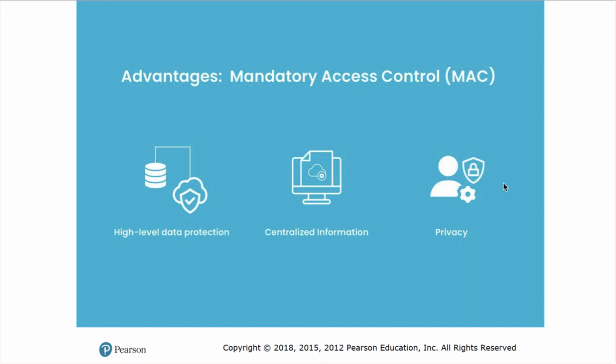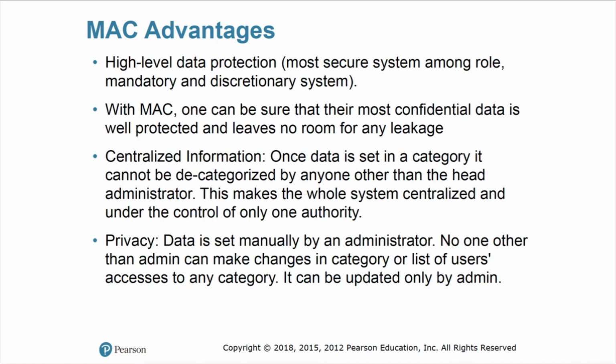For privacy, the data is manually set by the administrator, so there is no automatic control. Therefore, no one other than the admins can make any changes to the list of users who will access any type of level. Only the administrators are able to make these types of changes. So these are some of the benefits: higher level data protection, the most secure system among role-based, mandatory and discretionary systems. With MAC, one can be sure of centralized information and privacy.